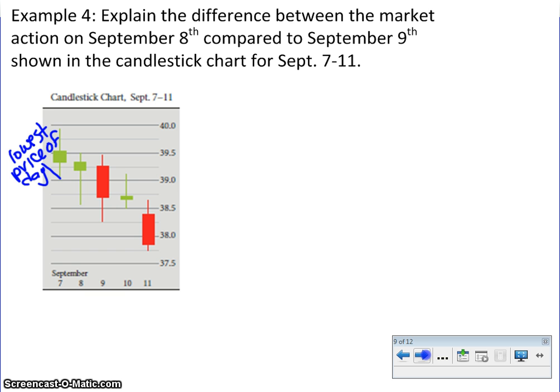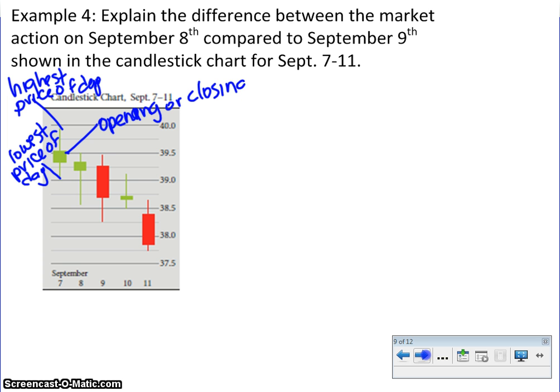As you guessed, up here at the top is the highest price of the day. The top of this candlestick represents the opening or closing, and the bottom also represents the opening or closing.